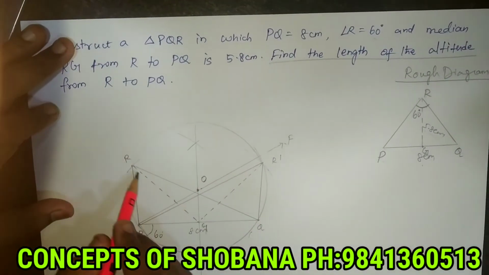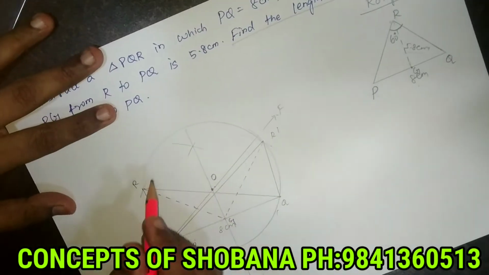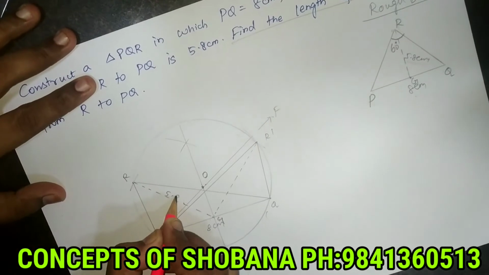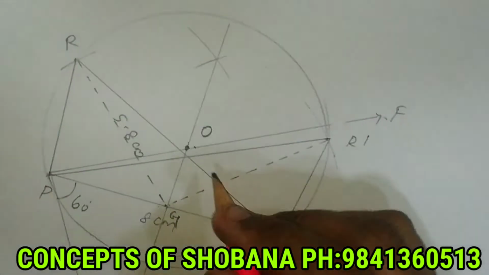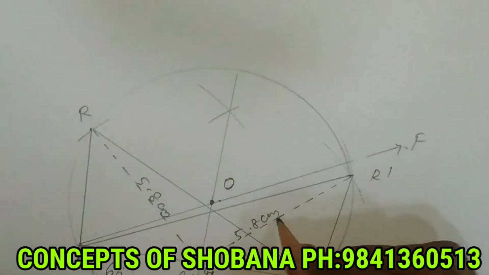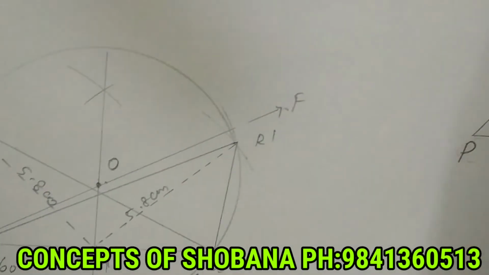Now after joining RG and R dash using dotted lines, we will mark this as 5.8 centimeter. Now these two are the medians. See, now we have constructed a triangle with the medians. So one part of the question is over.